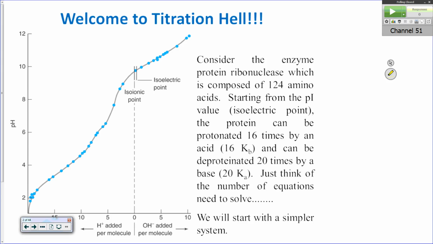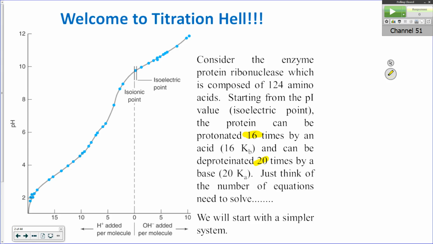If we look at titrations, I talked about this in the video. This is an example of a protein, ribonuclease, that's being titrated. It's 124 amino acids. There are a total of 36 that have ionizable side groups.